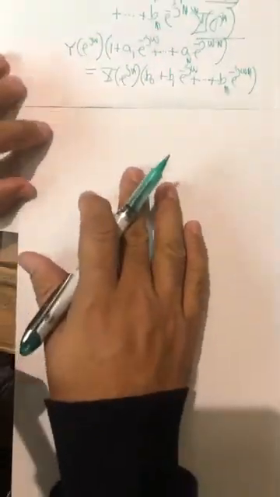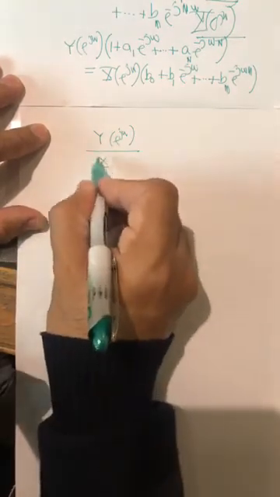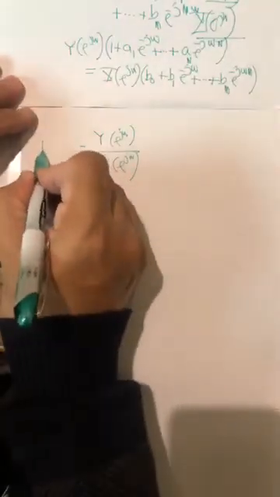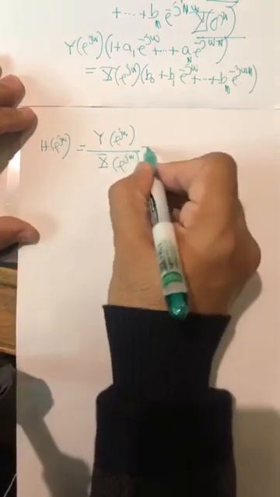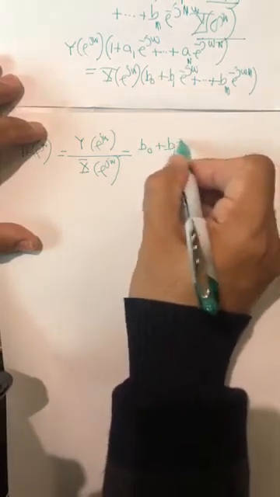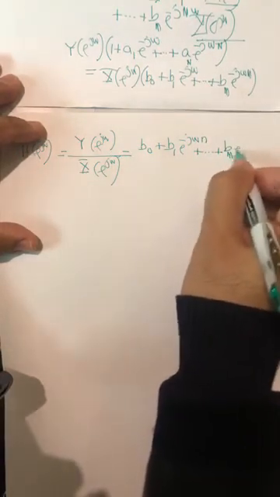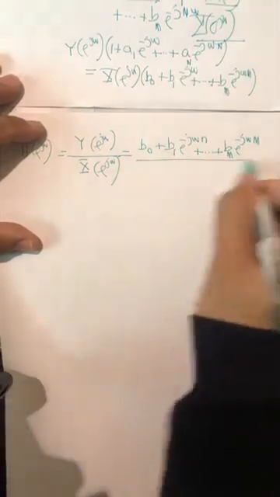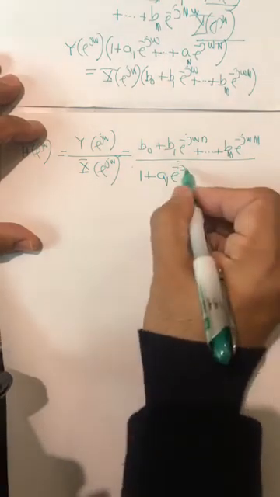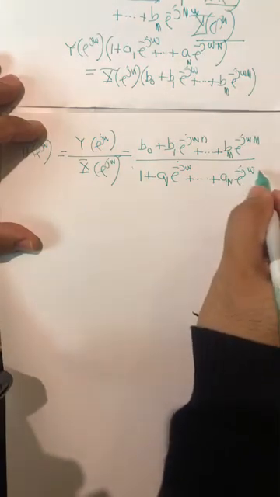So you have Y(e^{jω}) divided by X(e^{jω}), which actually is H(e^{jω}), equal to b0 plus b1 e^{-jω} plus up to bm e^{-jωm}, divided by 1 plus a1 e^{-jω} plus up to an e^{-jωn}.